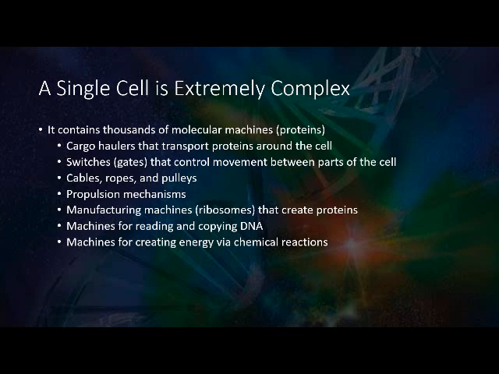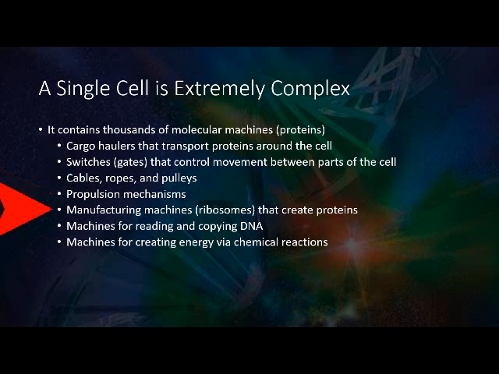Just as examples of some of the molecular machines, there are cargo haulers that move proteins around the cell. There are switches that control the movement of proteins or particles between different parts of the cell, say between the nucleus and the area outside the nucleus. There are systems of cables, ropes, and pulleys. There are propulsion mechanisms that cause single-cell animals to move around.